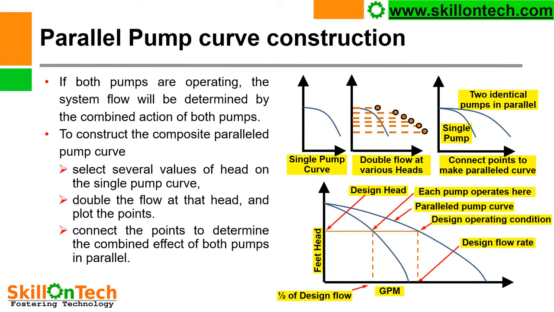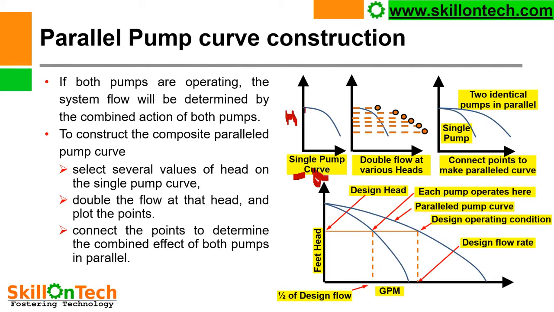Connect the points to determine the combined effect of both pumps in parallel. So let us see in the picture. This is a single pump curve. This is H, head, and this is Q.